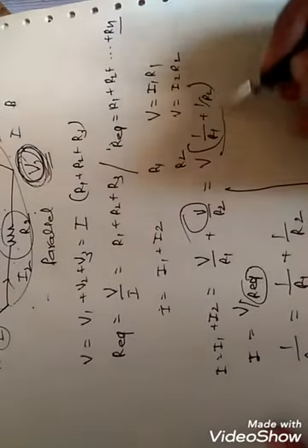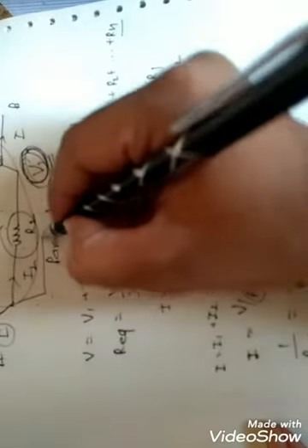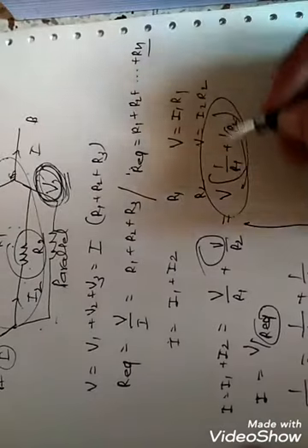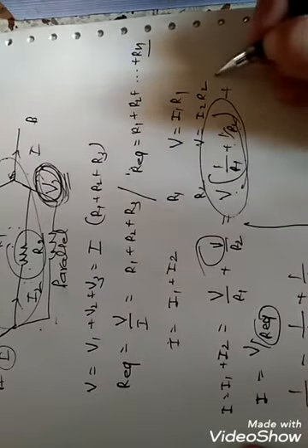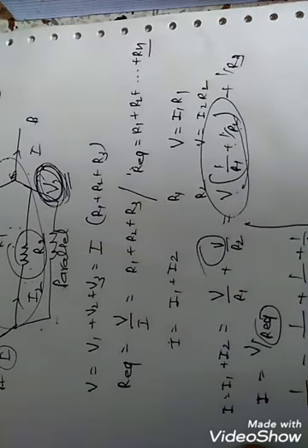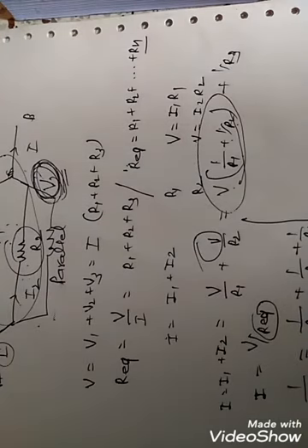Now the same for three resistors connected in parallel. In this case 1 upon R equivalent is 1 upon R1 plus 1 upon R2 plus 1 upon R3. Now we can reason similarly for any number of resistors in parallel.